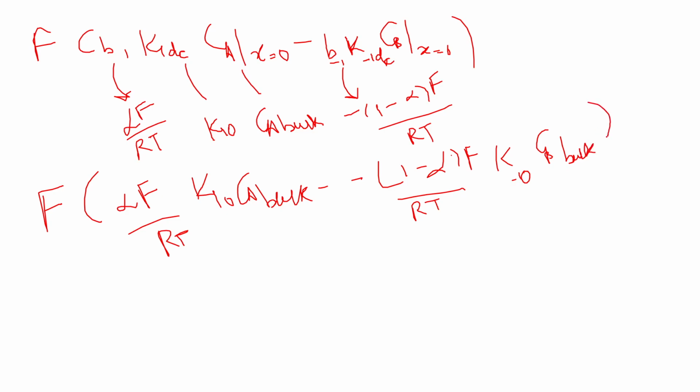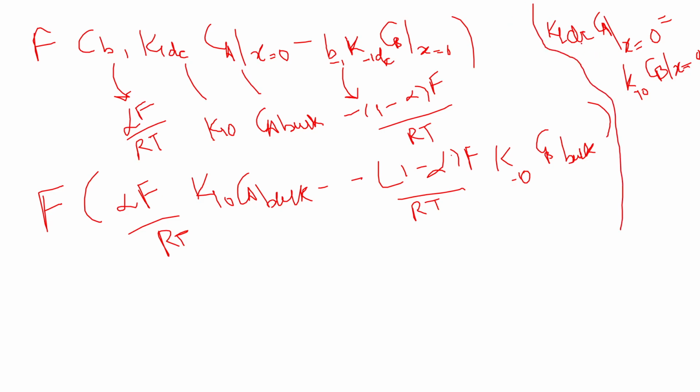Okay, now again we already know what is happening at equilibrium. The forward reaction will be equal to the backward reaction. So that one is nothing but k1 at EDC CA at x equal to 0 will be equal to k minus 1 at EDC CB at x equal to 0.